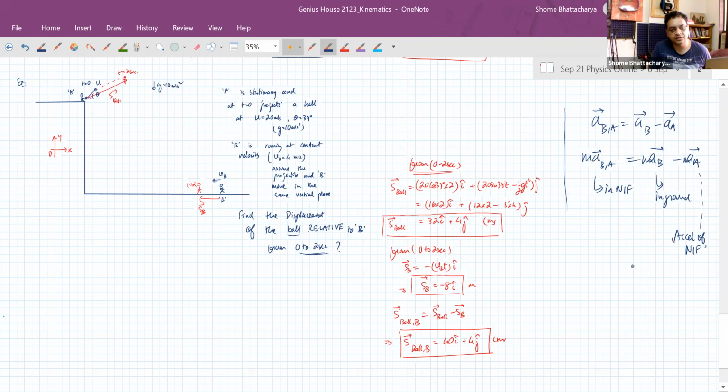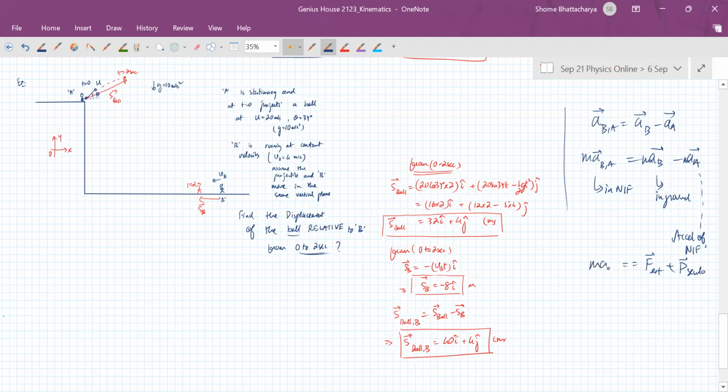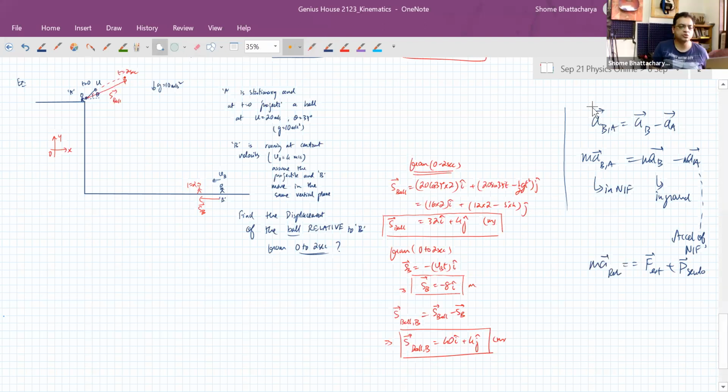That's why we write this. This is the net external force, but this becomes the pseudo force, which equals mass and relative acceleration. We'll understand when we come to relative acceleration.